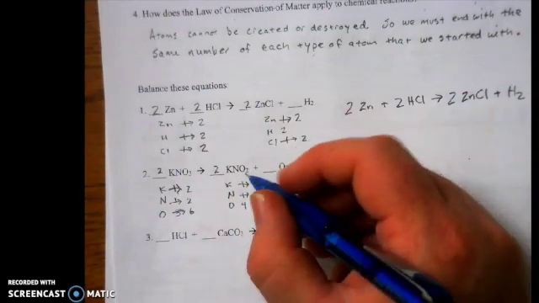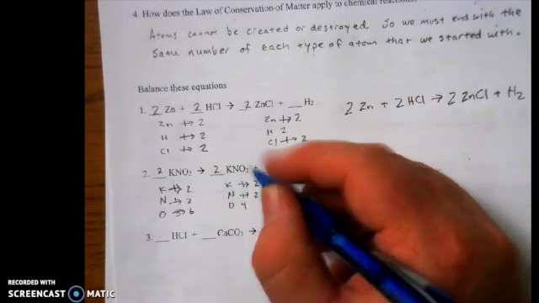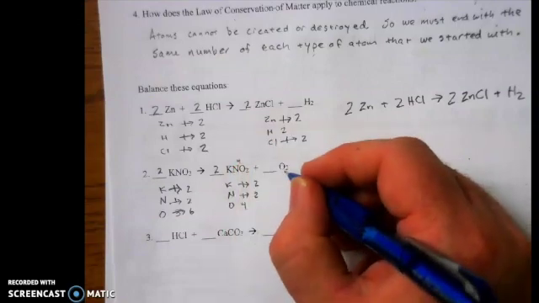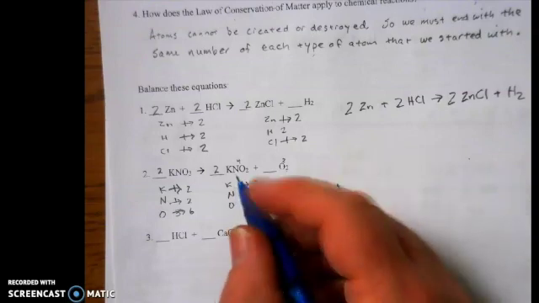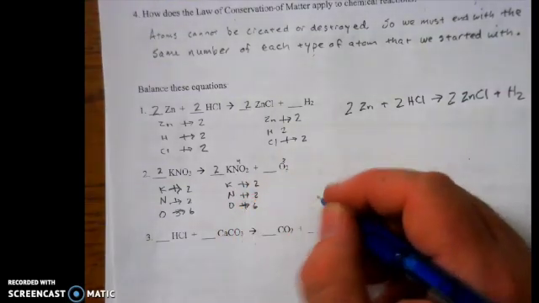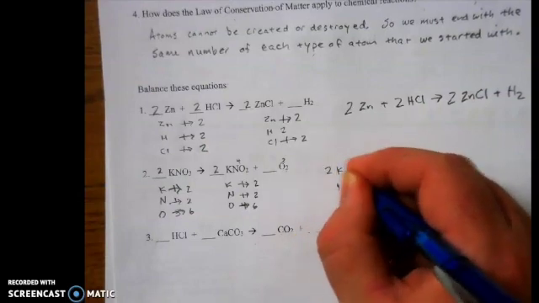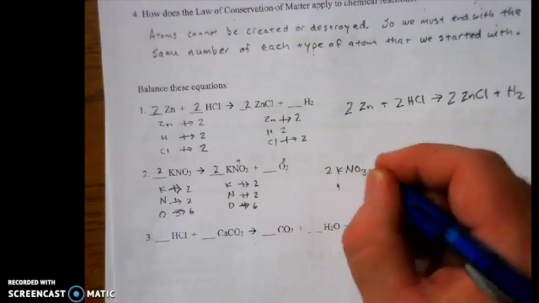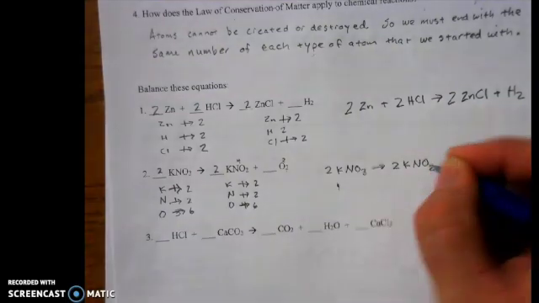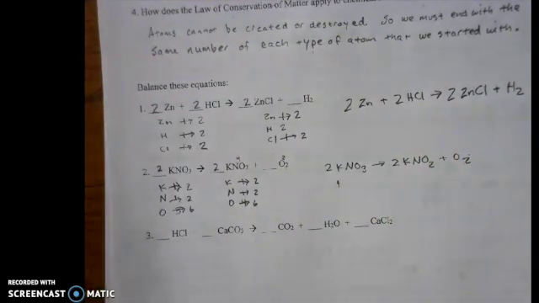And now let's check carefully our oxygen. We got 2 times 2, that gives us 4 oxygens for this molecule, and we have 2 oxygens with this molecule, so that's a total of 6, so we are balanced. So it's 2KNO3 yields 2KNO2 plus O2 is our final balanced equation.